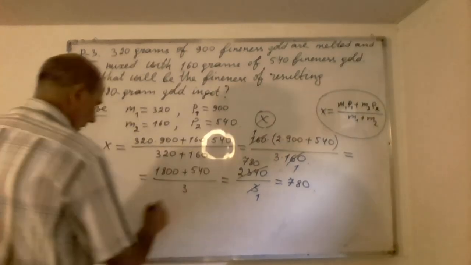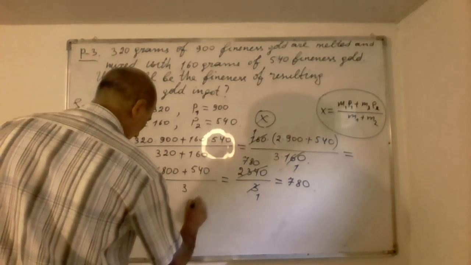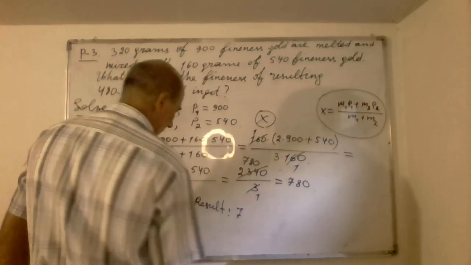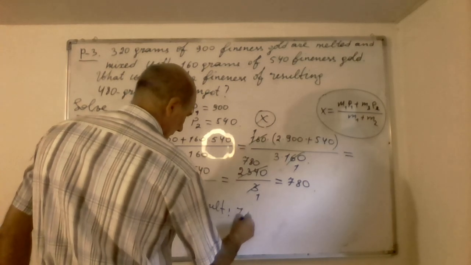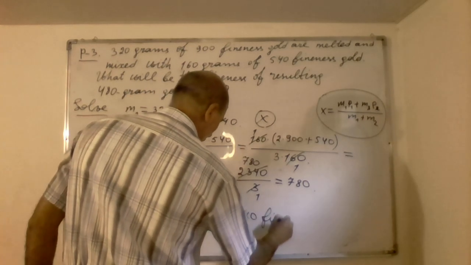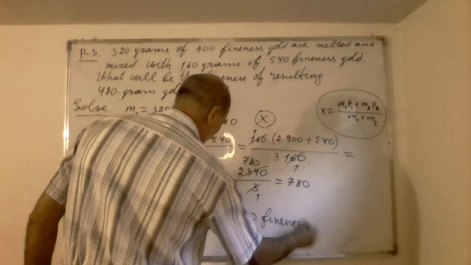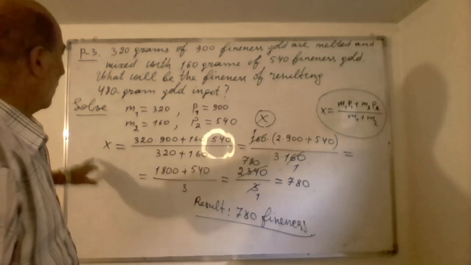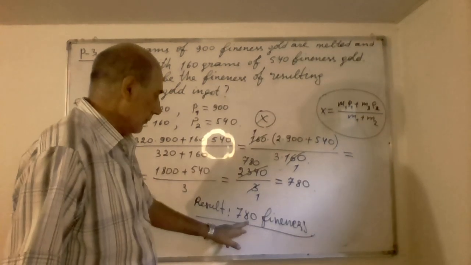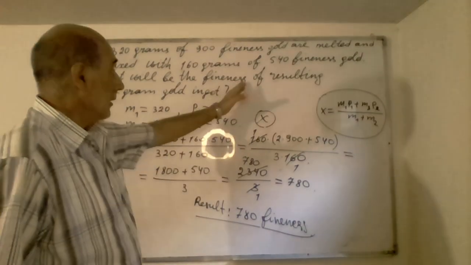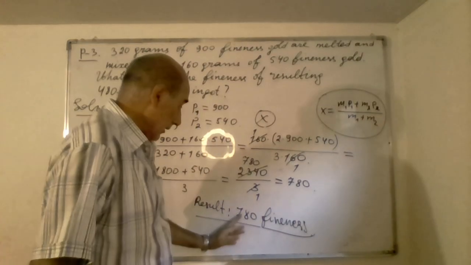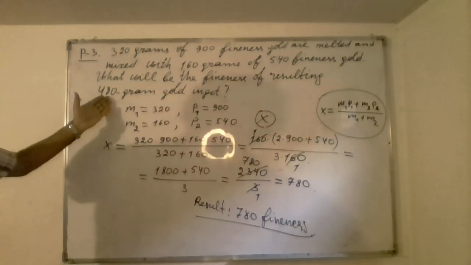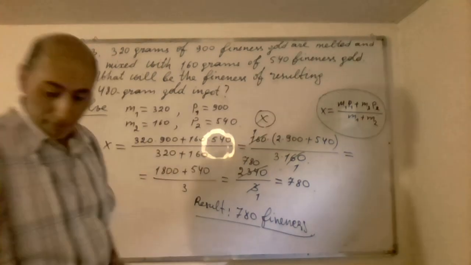Our answer is 780 fineness of the resulting 480 gram gold.